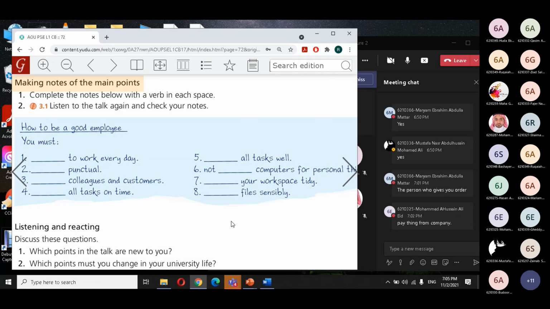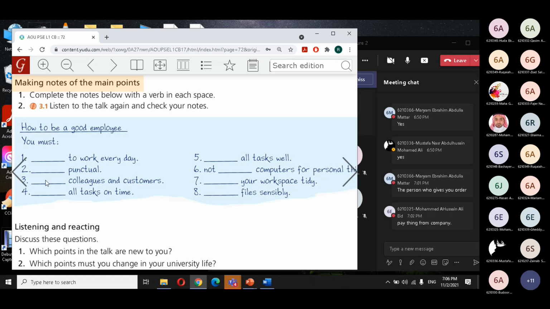But in each sentence, the verb is missing, only one word. Each sentence starts with "you must", and the verb here is missing. Can you remember what the verb missing here is?